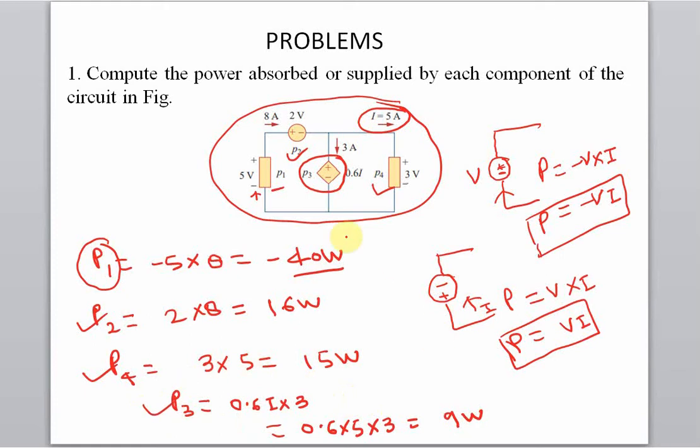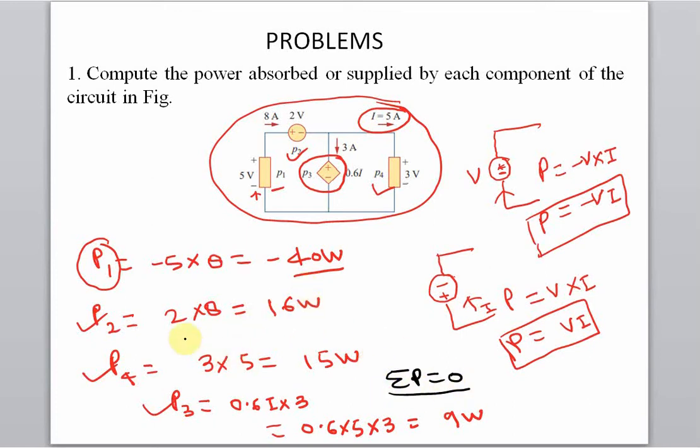As we saw in the previous lecture, in any closed circuit, the summation of power should be equal to 0. So we can check it here.